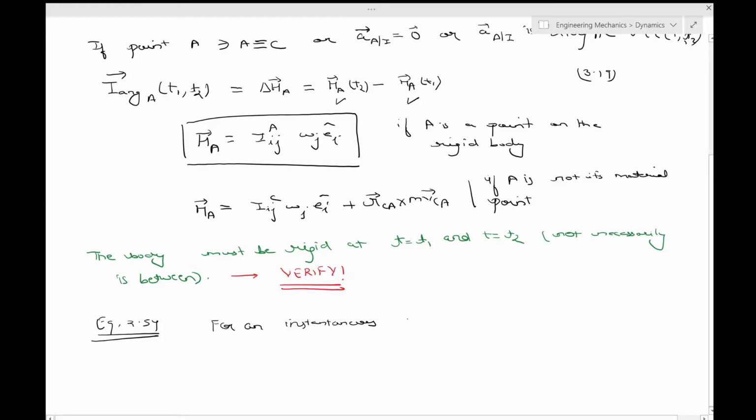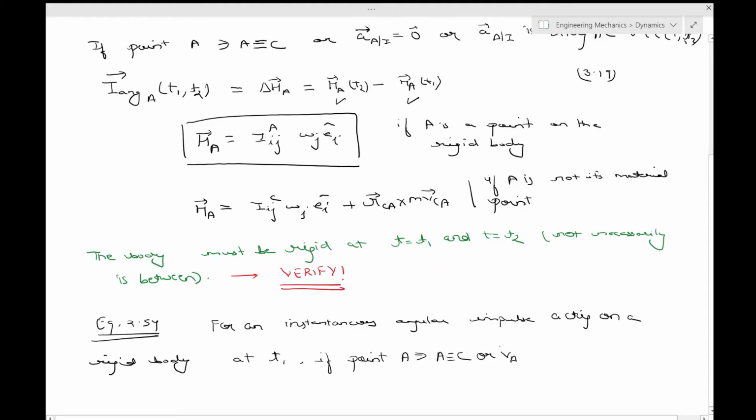For an instantaneous angular impulse acting on a rigid body at T1, if point A is such that A is either equal to the center of mass or the velocity of A in the I frame at T1 plus is equal to the velocity of A in the I frame at T1 minus, essentially it means that the acceleration is 0 for this instantaneous case.